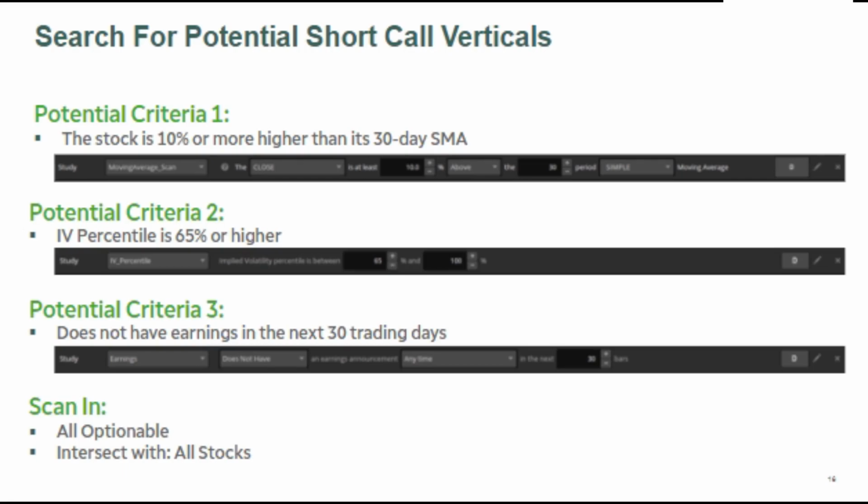But I want to give everyone something that they can build off of and then tweak to match what they're comfortable with in terms of risk and reward.